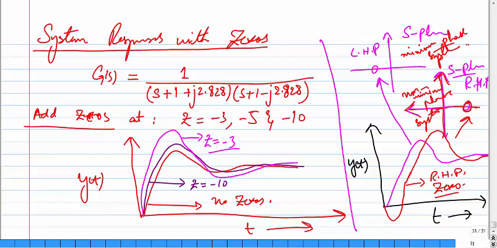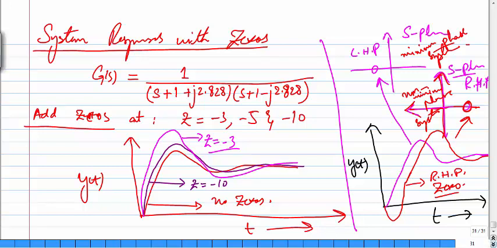It will start from 0 and go in that direction. But if it is a non-minimum phase system, the response will start in the opposite direction, then come back and move in the other direction. When it goes in the opposite direction, the overall system response is slow, because it first goes in the opposite direction and then comes back. This is a very, very important thing that we must know.